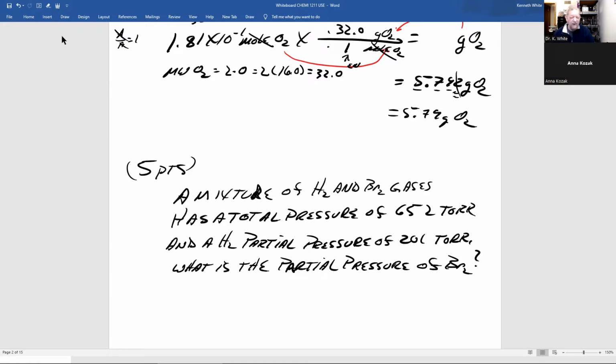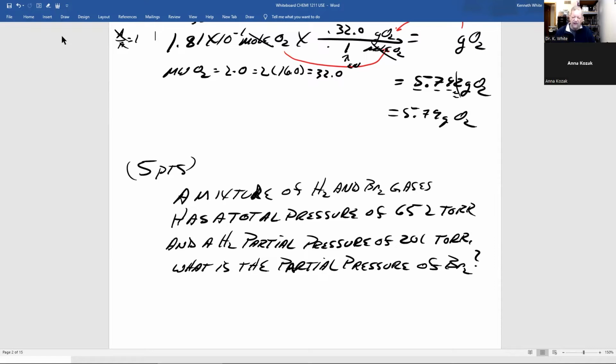All right, let me read this. A mixture of hydrogen gas, H2, and bromine gas, that's Br2, has a total pressure of 652 torr and a partial pressure of hydrogen of 201 torr.